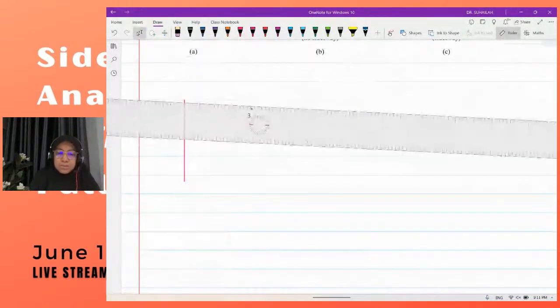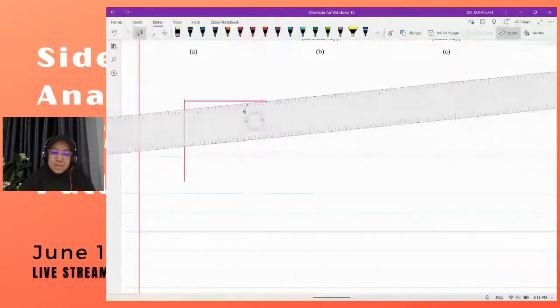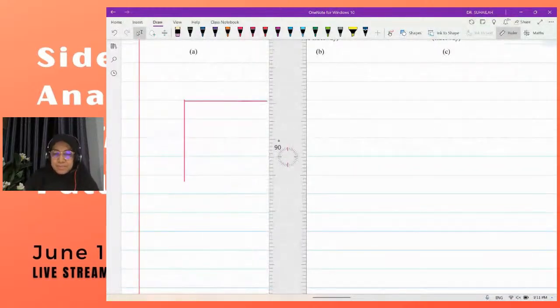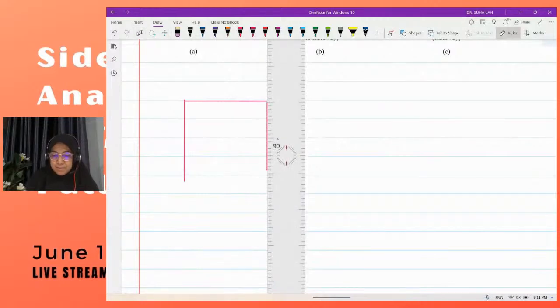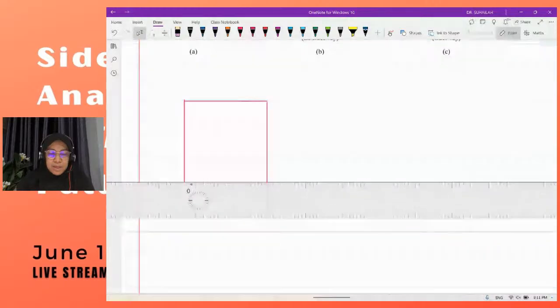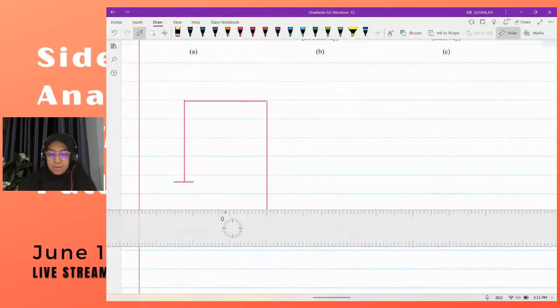So we have frame A, B, C, D. A is fixed, D also fixed.